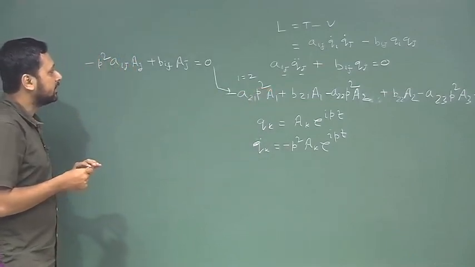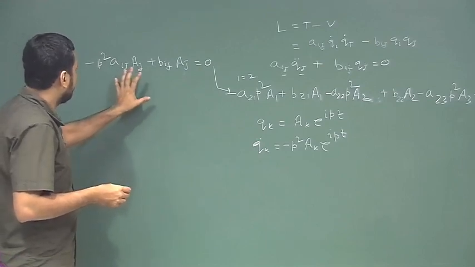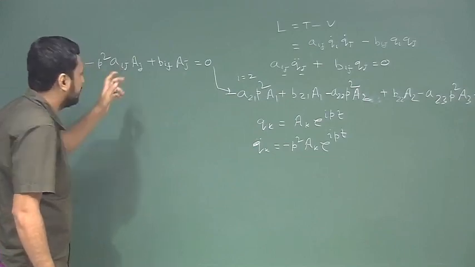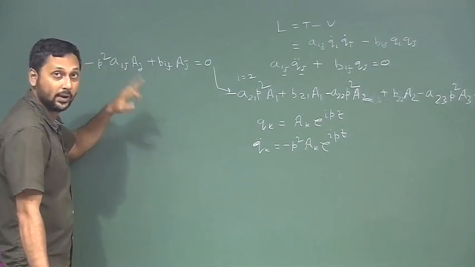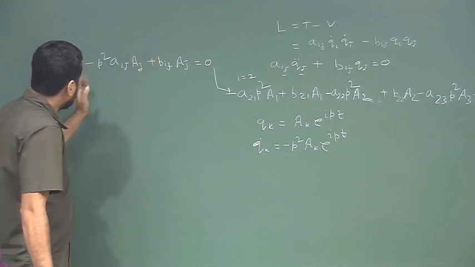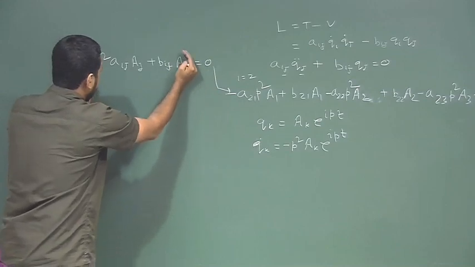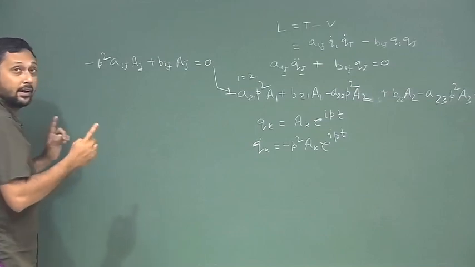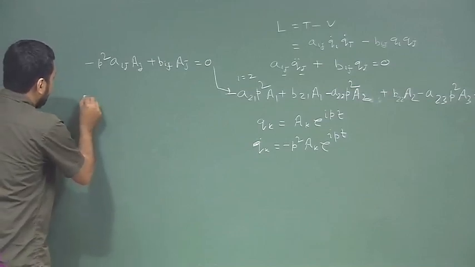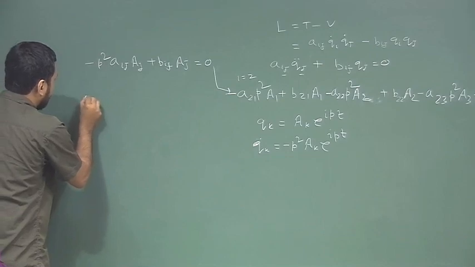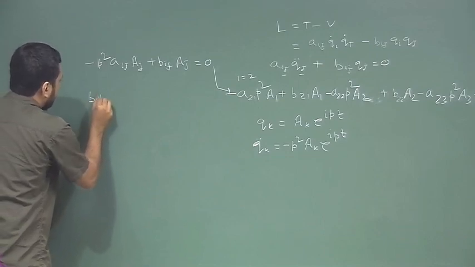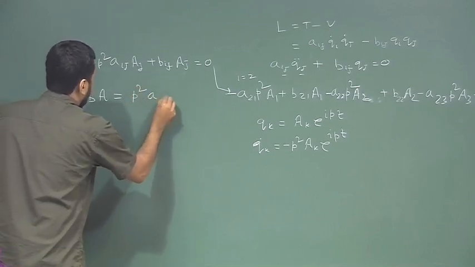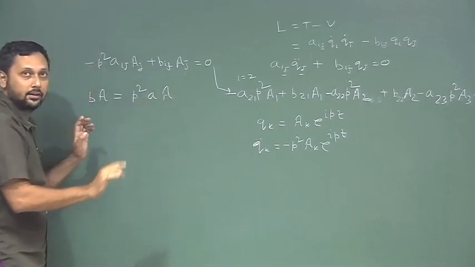Now, for this type of simultaneous equations, we have the indices i and j running from 1 to n. So, we have n such equations, and each of these we can group into n such quantities of A and B. What we can do is write this in the form of a matrix equation, which has the following form: B A equal to p square A A, where we are not writing it in component form.